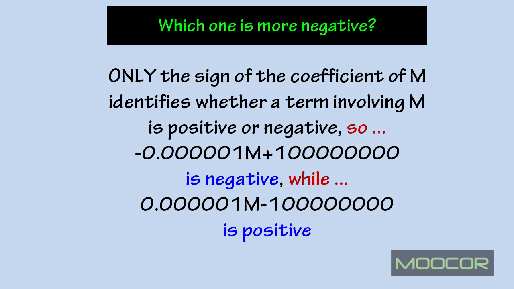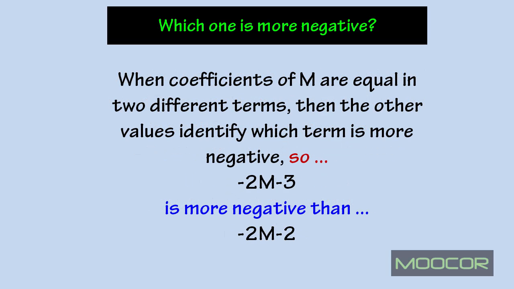In this exaggerated example, see how the terms are positive or negative. When coefficients of M are equal, then the other terms identify whether a term involving M is more negative or not. In this case, negative 2M minus 3 is more negative than negative 2M minus 2.